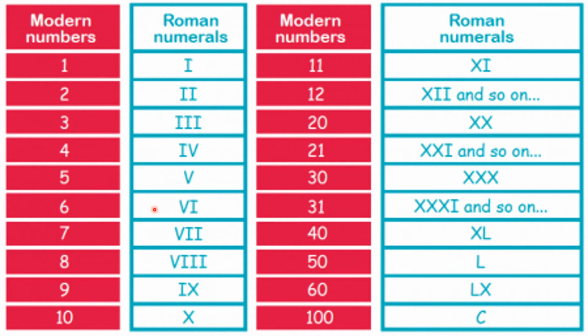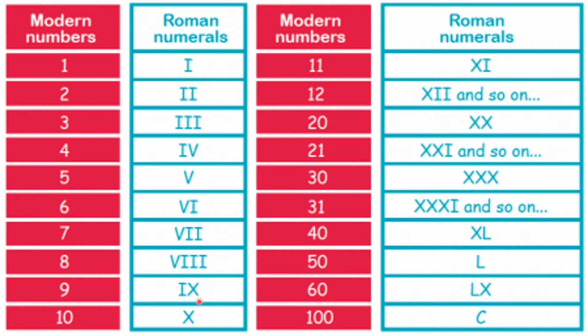For 6, if a letter is after a letter, it means that they are adding. So 5 plus 1 is equal to 6. 5 plus 1 plus 1 is equal to 7. 5 plus 1 plus 1 plus 1 is equal to 8.